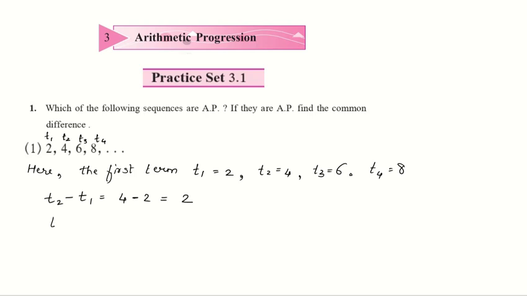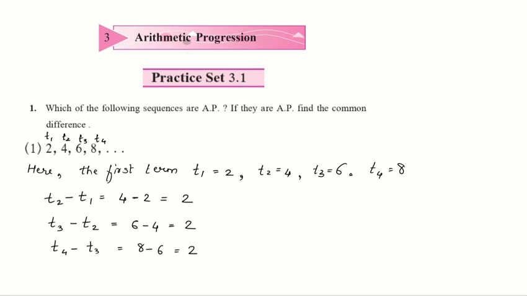In the same way, we will find T3 minus T2, which is 6 minus 4, equal to 2. Till now we got the common difference as 2. Here T4 minus T3 is equal to 8 minus 6, which is equal to 2.